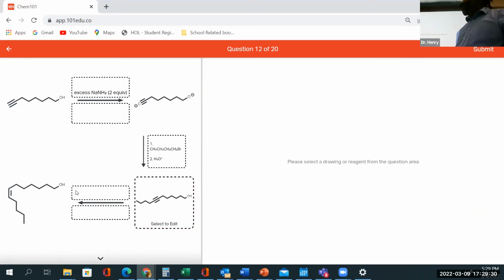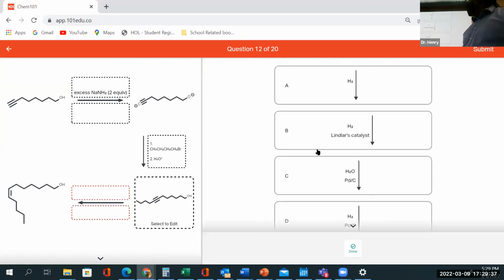And then what's going to get us here? From here to here. This one? Or A or B? B? And what's going to be the difference between B and D? System trends. Yep.